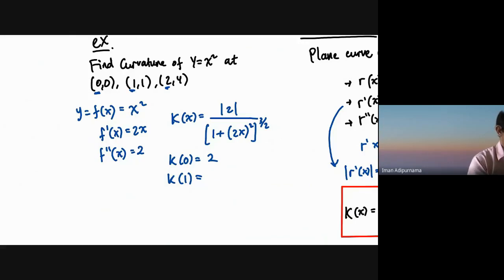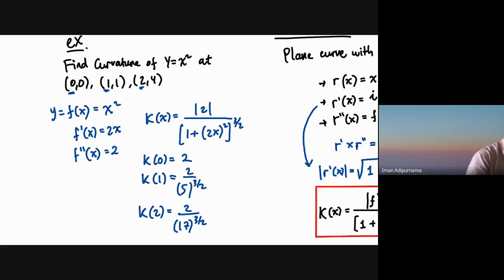For 2, it is 2 over 17 to the 3/2. If you check with the calculator, this will be 0.03 and this will be 0.18.